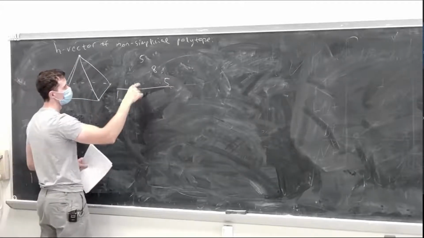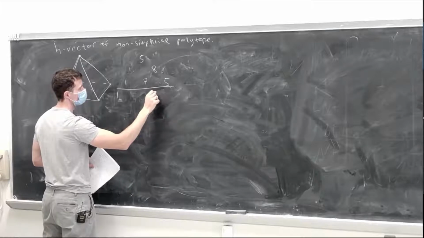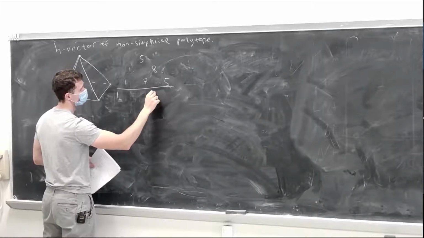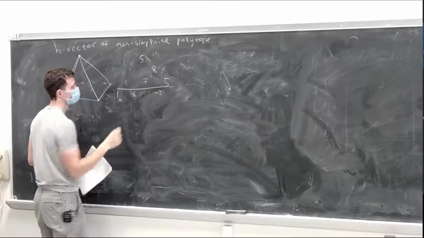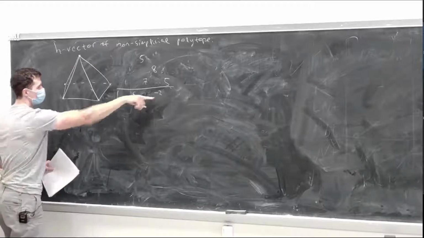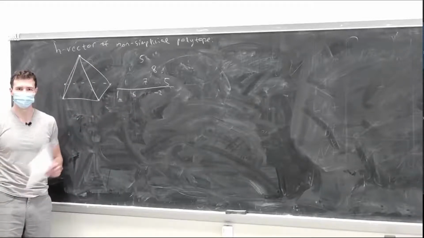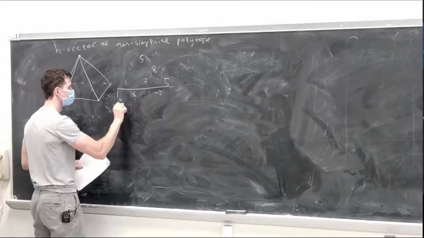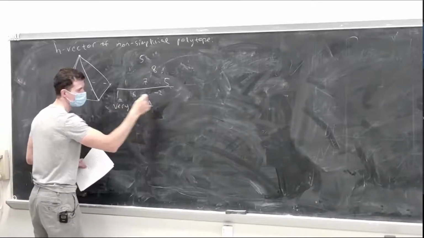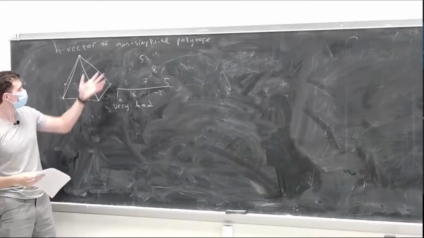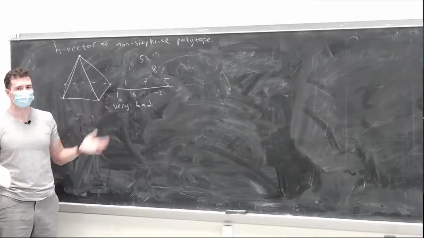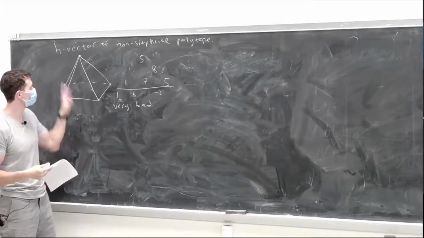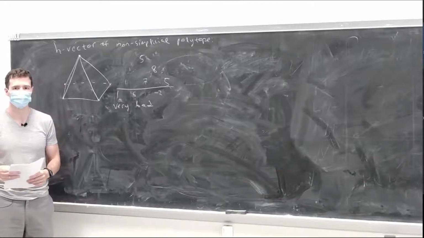So if I start subtracting, then what I get is -2, 6, not symmetric, not positive. Very bad. I mean, the whole picture just doesn't work for non-simplicial polytopes. So yeah, H vectors are very special to simplicial polytopes.